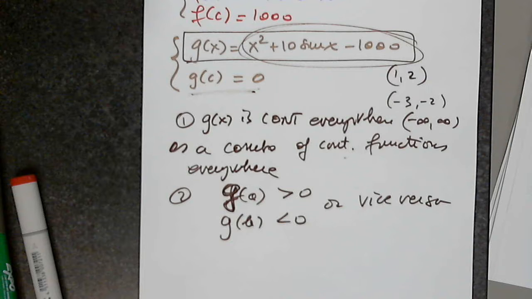So I have to put this in the graphing calculator. In y equals, clear, I showed something else earlier today. So I have x squared plus 10 sine x minus 1,000. And be very careful. Every time we deal with sine, cosine in calculus, everything has to be in radians.